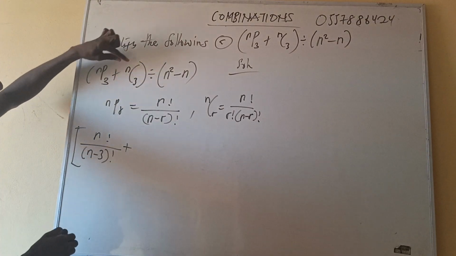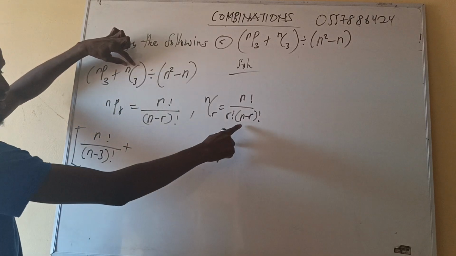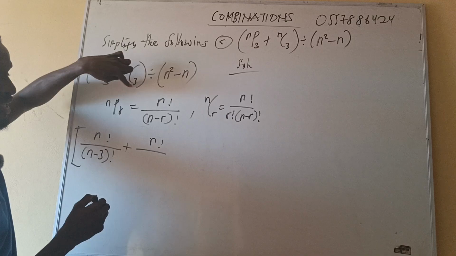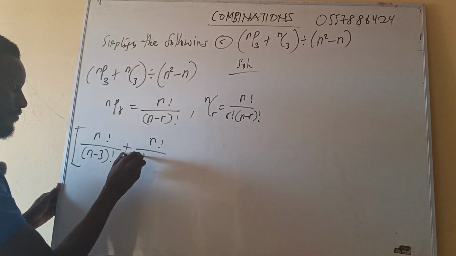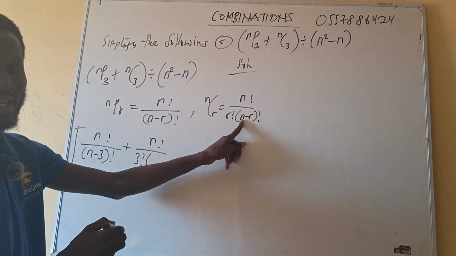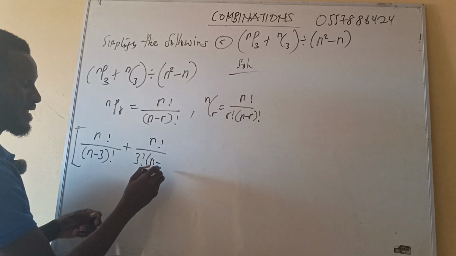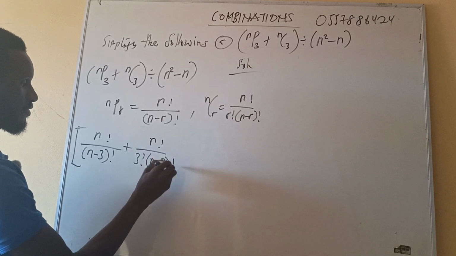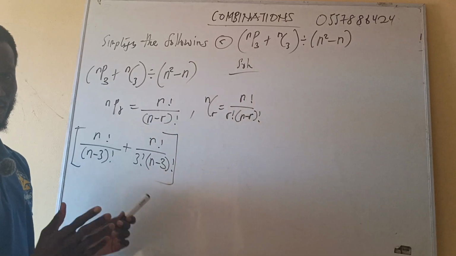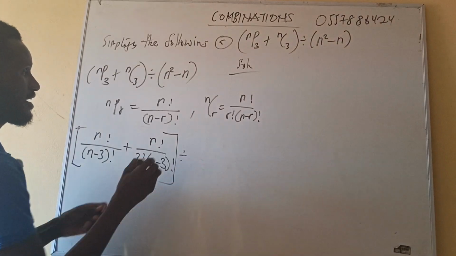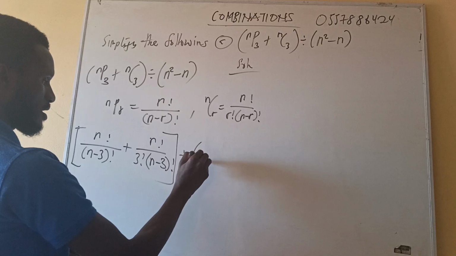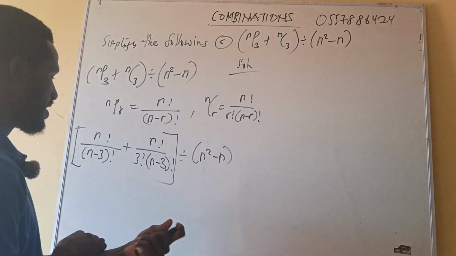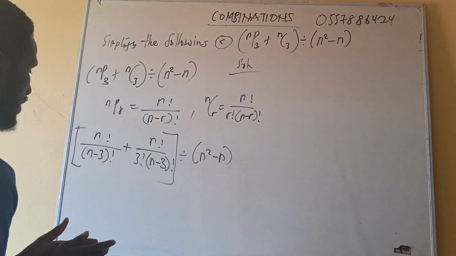Now plus, when we come to combination, this is the formula: n factorial divided by 3 factorial multiplied by n minus 3 factorial. It's just as simple as that. Now all divided by n squared minus n.